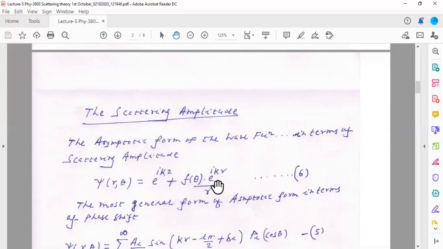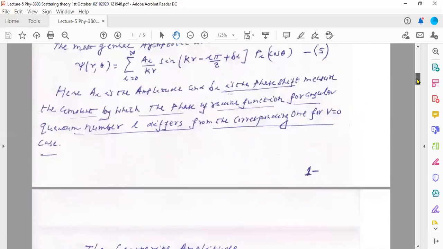So e to the power of i k z is the plane wave expression, and e to the power of i k r basically indicates the radially scattered spherical wave which is moving in a radially outward direction from the scatterer. So this expression is known, and the most general asymptotic solution that we have developed is equation number 5.